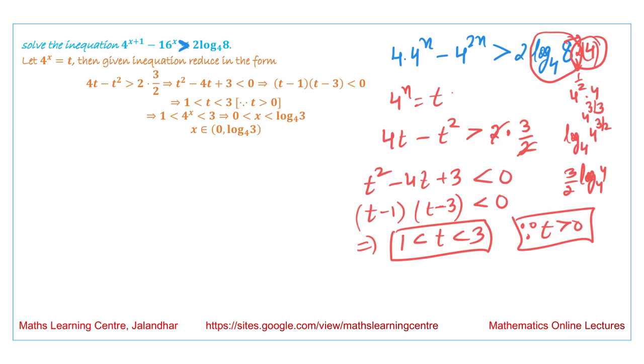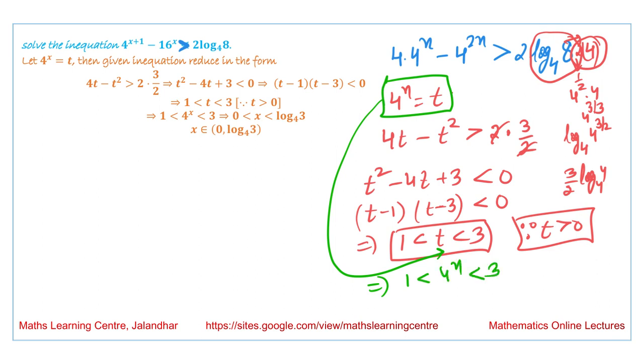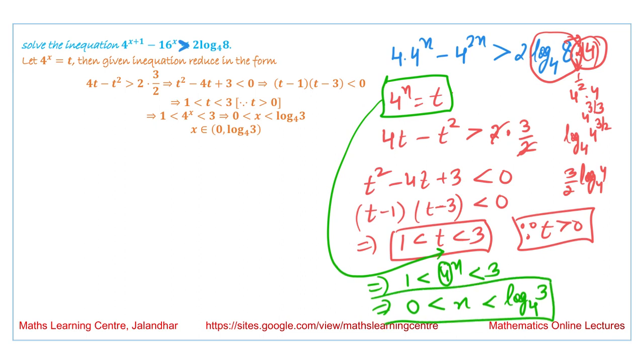We have substituted 4 raised to the power x is equal to t. So 1 is less than 4 raised to the power x is less than 3. Again this base is greater than 1, so we will have 0 is less than x is less than log 3 to the base 4. So the values of x belong to the interval 0 to log 3 to the base 4.